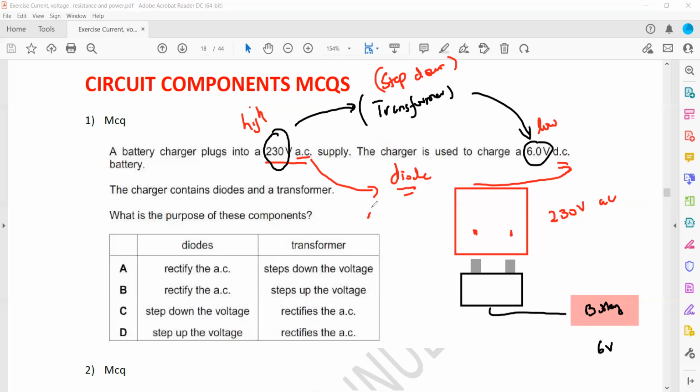It is used as a rectifier. Rectify means make the current flow in one way, or rectify AC to DC. So the purpose of a diode is to convert alternating current into direct current so that current moves in one way. The purpose of the diode is rectification.